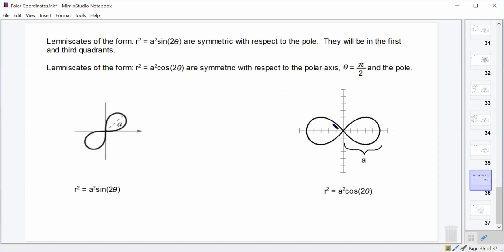So if we were writing the equation of this particular one with the cosine here, since we've gone out 5 units, this would be r squared equals 25 cosine 2 theta. Because we go out 5, the square root of the number here. Does that make sense? Yes, that does. Okay, cool. Any other questions on anything with any of the polar stuff?